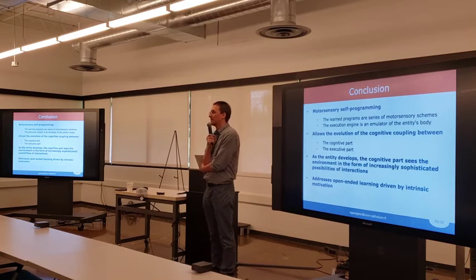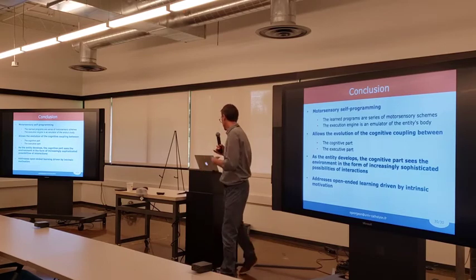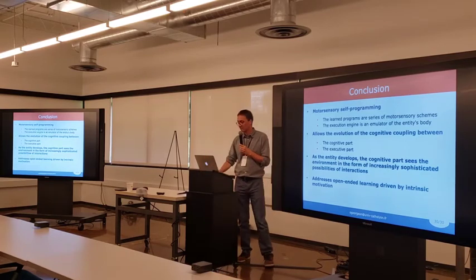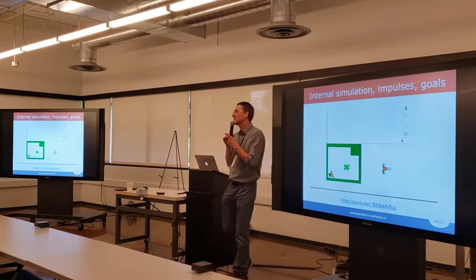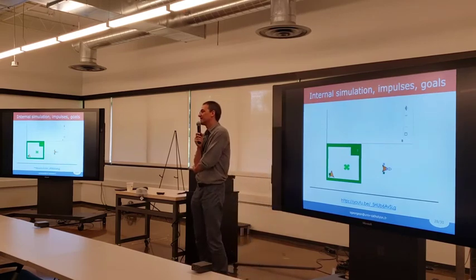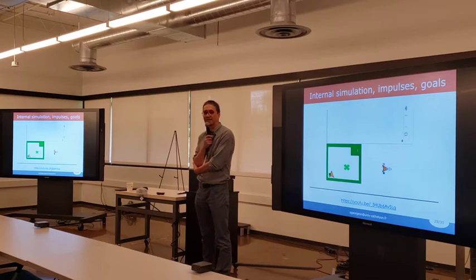Olivier, I was interested in your mental simulation stuff that you presented here at the end. How far in the future are you able to go in this internal simulation?